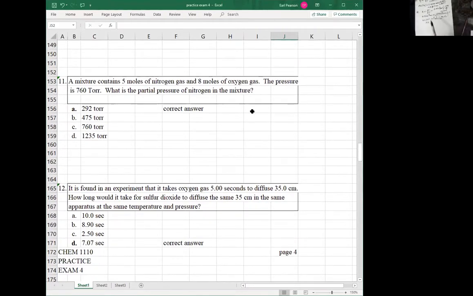Let's see. All right, I've got a mixture of gases. It's got 5 moles of nitrogen. Nitrogen is N2 if I need it. And I'm mixing that with 8 moles of oxygen. Oxygen is O2, if I need it. And the total pressure is equal to 760 torr.